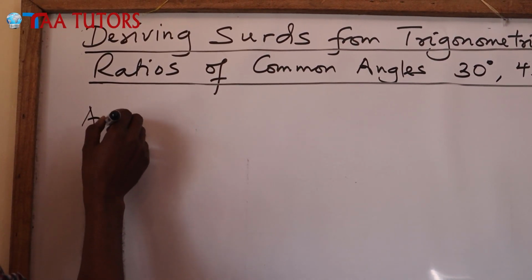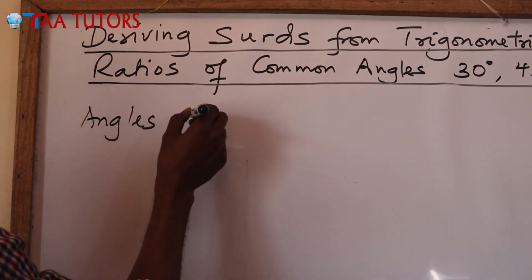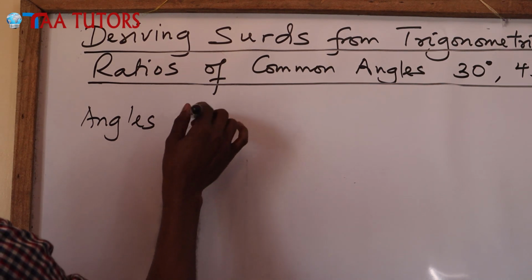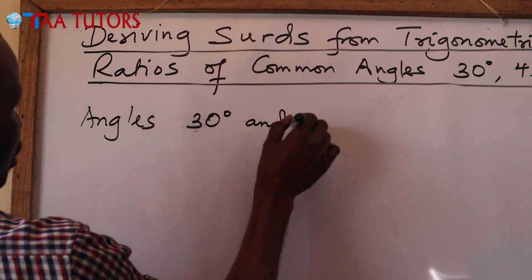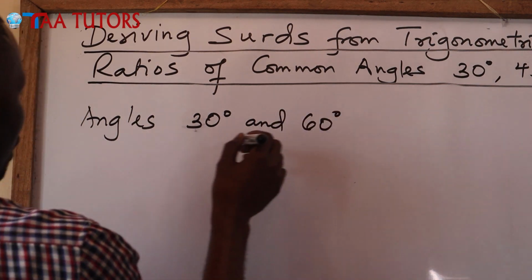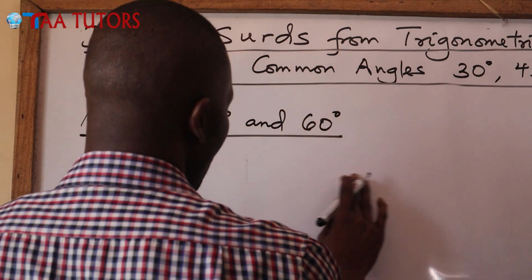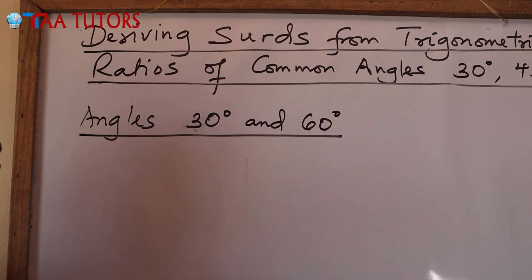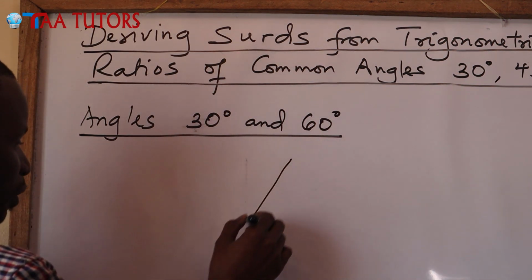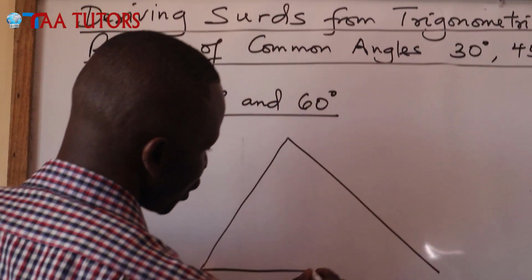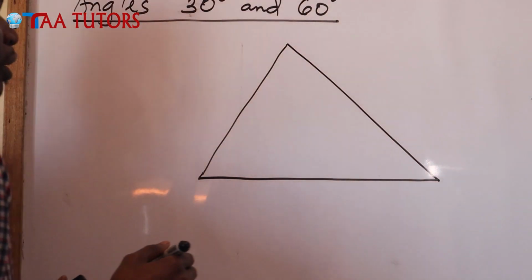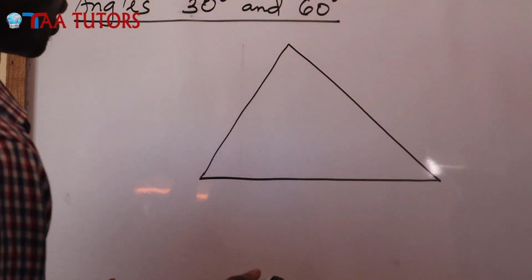So angles 30 degrees and 60 degrees. And sometimes you could just memorize them without actually sketching. But if you don't know, you can always go this way.